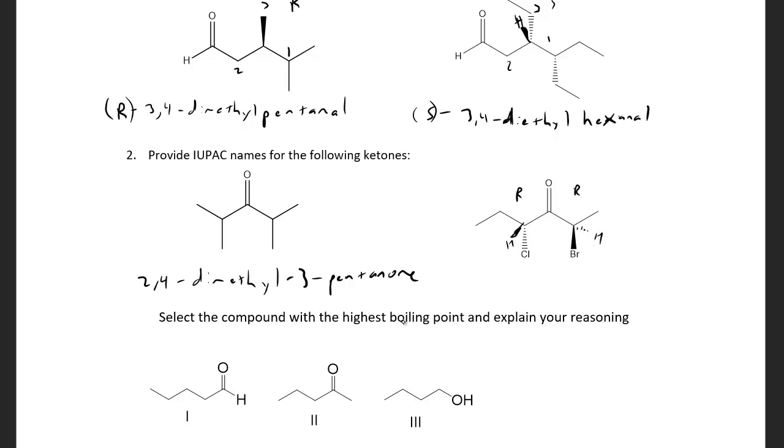So we've got 2R, 4R, and then we have bromine at the 2 position, 2-bromo, and then 4-chloro, and again we have 1, 2, 3, 4, 5, 6 carbons, so this is going to be 3-hexanone.